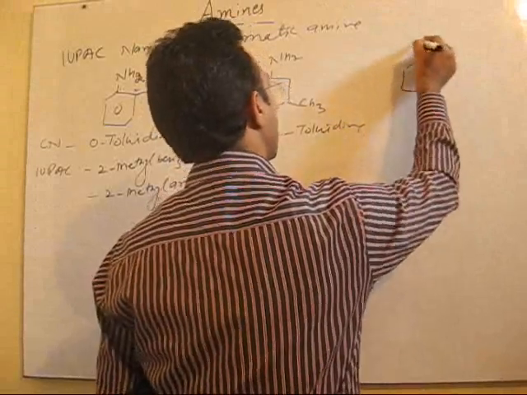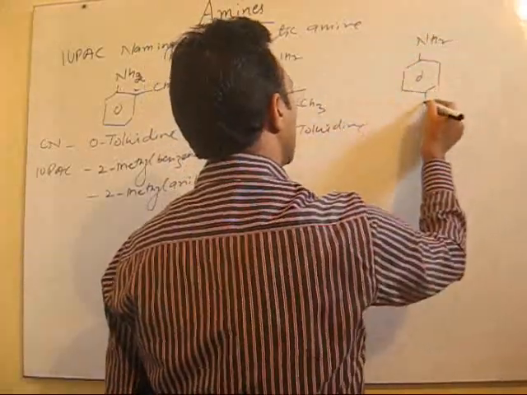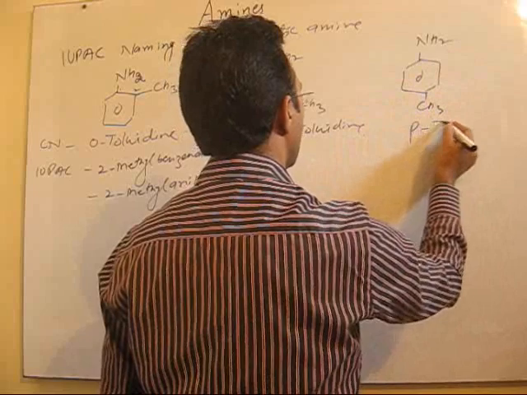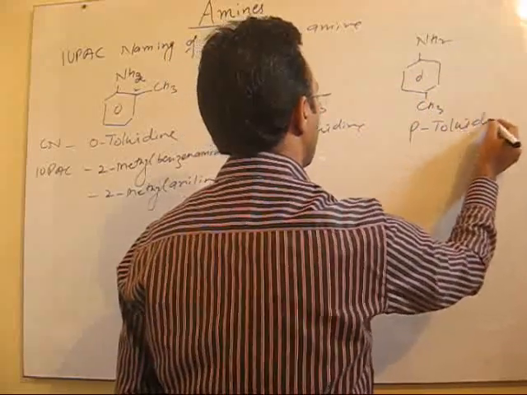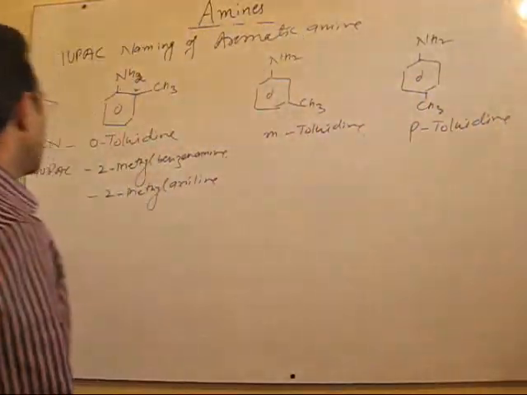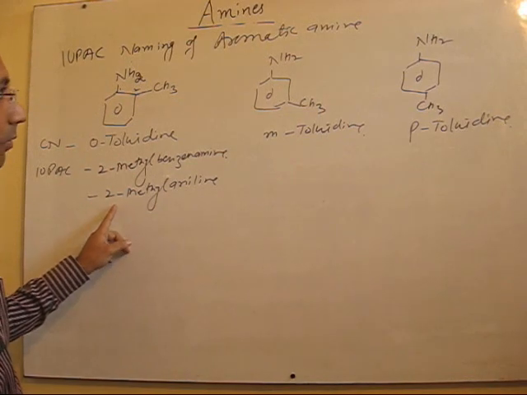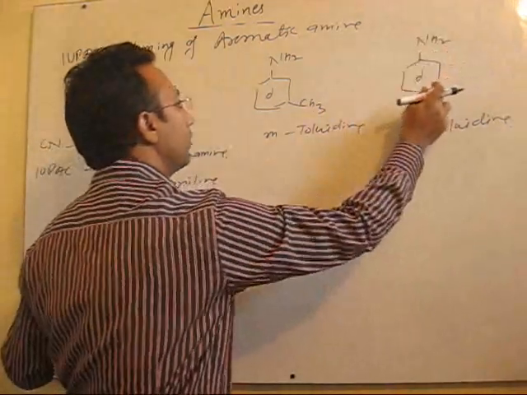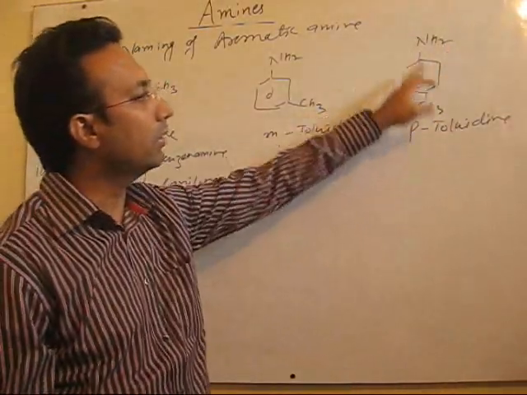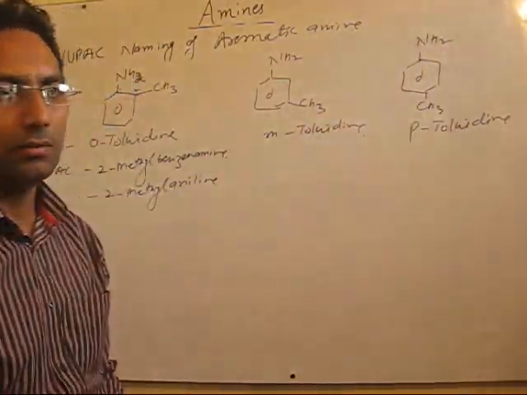Similarly, we can also have this group at para position, so its common name is para-toluidine, right? And among IUPAC names you will have the position as 1, 2, 3, 4, 4-methyl aniline or 4-methylbenzenamine, fine.